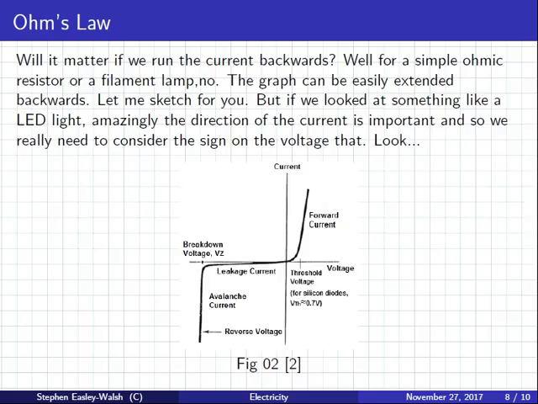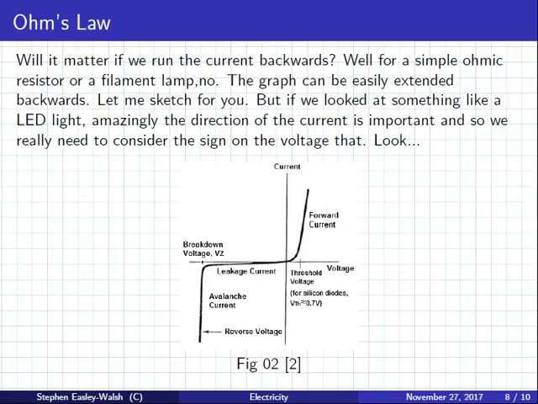So for example, obviously this is forward because it's positive, and obviously this is reverse because it's negative. You don't need to write those words in the exam because you know that from this being positive and this being negative. But you should write breakdown at least. Oh, and also because it's an LED, the current and voltage are measured in millivolts and milliamps. It's quite small.